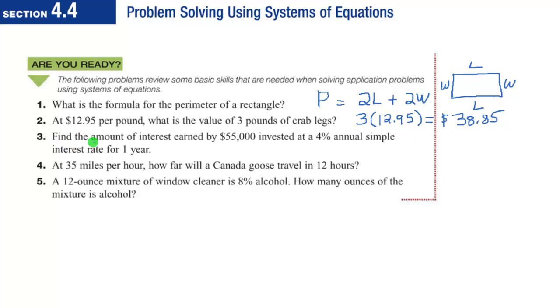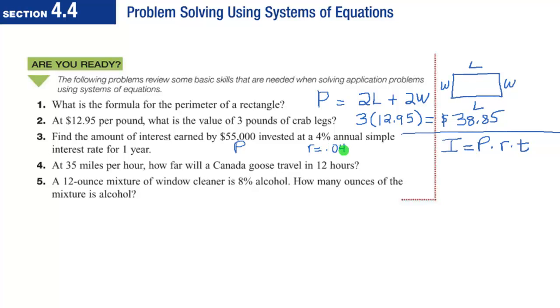Okay, find the amount of interest earned by $55,000 invested at a 4% annual simple interest rate for 1 year. So remember that simple interest, so this is number 3. Let's put it here. Interest is equal to principal times rate times time. So the $55,000, that's your principal. The 4% is your rate, and you want that as a decimal.